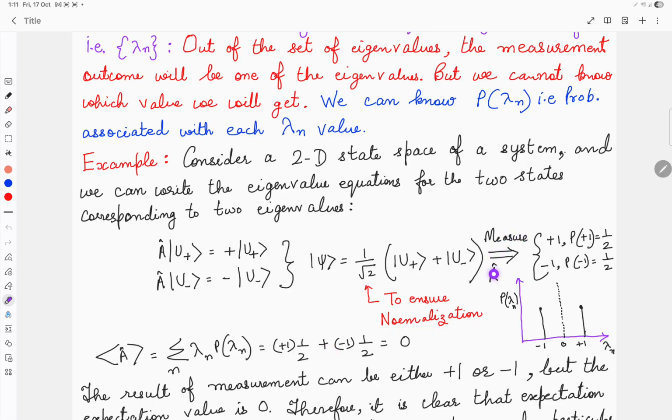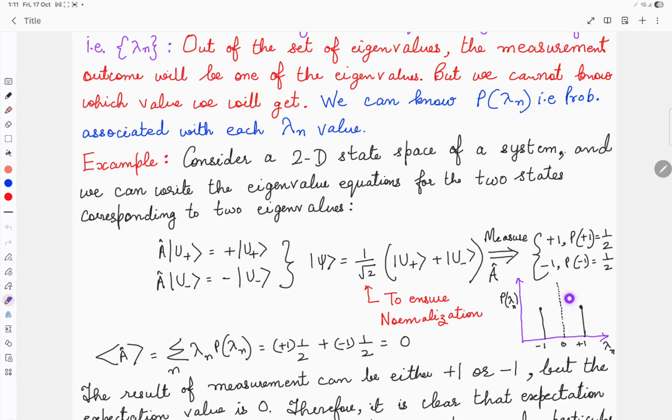And when we measure A, because this is an equal superposition, the +1 or -1 eigenvalue will each occur with probability half. That means the probability of getting the measurement outcome +1 is half, and of getting -1 is also half.